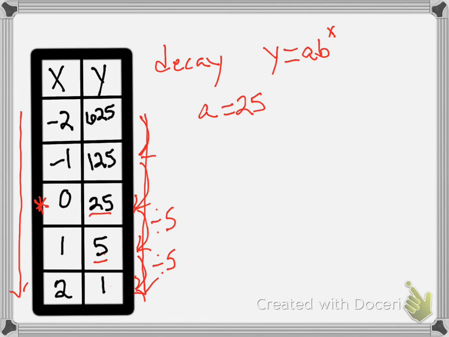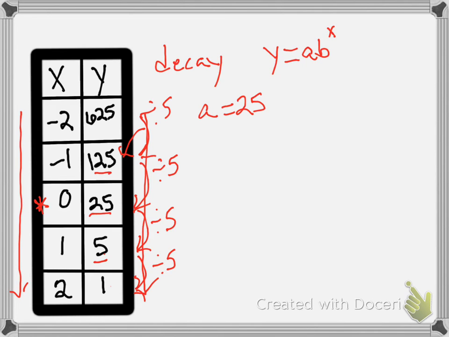So then, if you see that you're dividing by the same thing there, try that between your other y values. 125 divided by 5 gives us 25. 625 divided by 5 gives us 125. So we're dividing by 5 each time there to go from one y value to the next.